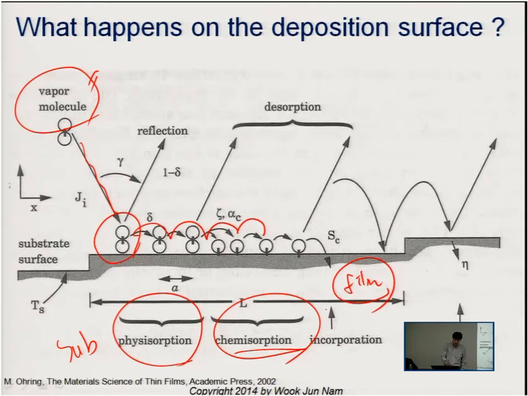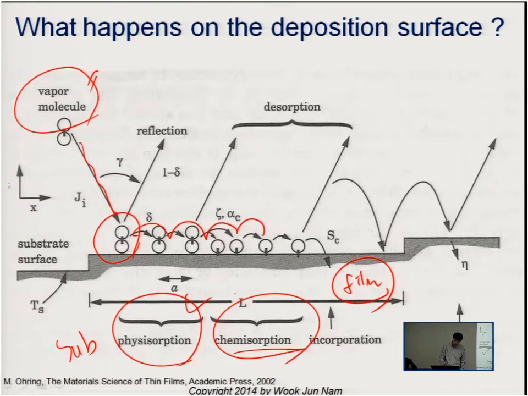So physisorption, then hopping around the surface, which is surface diffusion, and then chemisorption are the three major reactions happening on the substrate during the deposition.